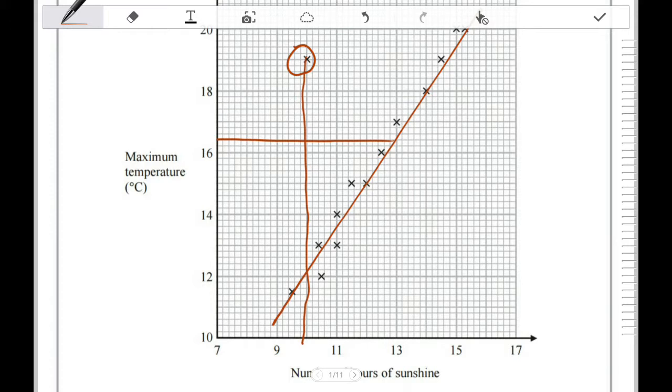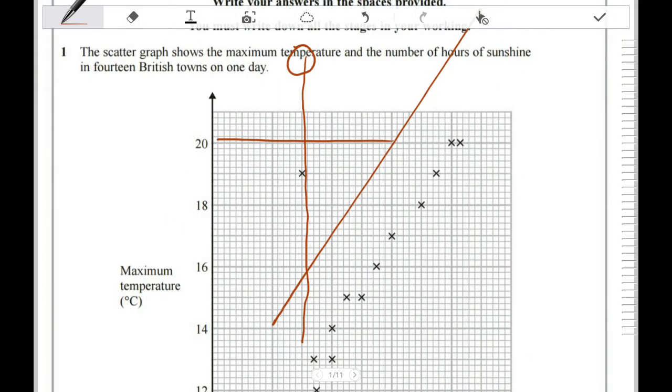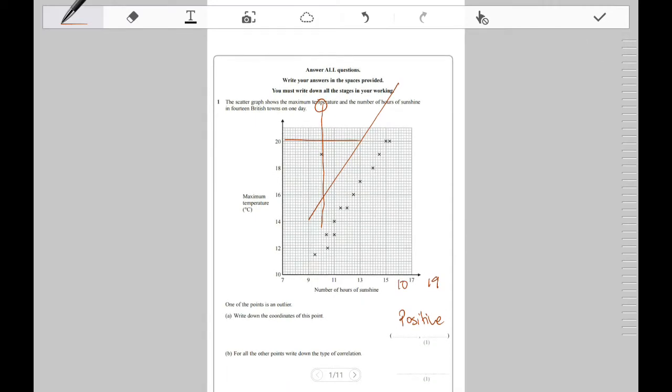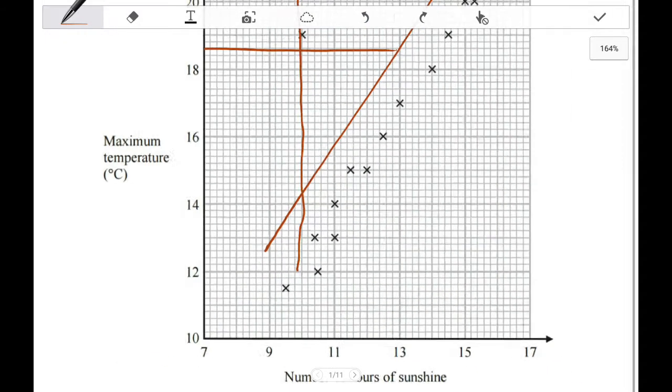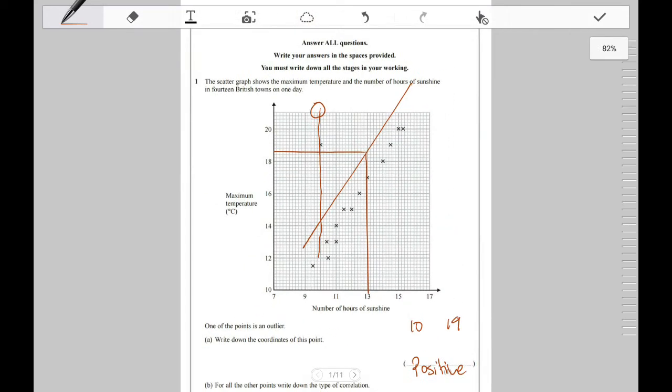Have I done this correctly? What's happened? I seem to have shifted everything. Okay, if I go down, it's going to be about 13.